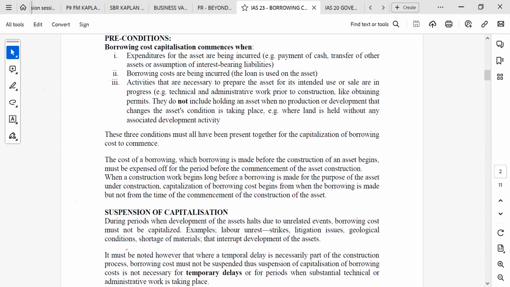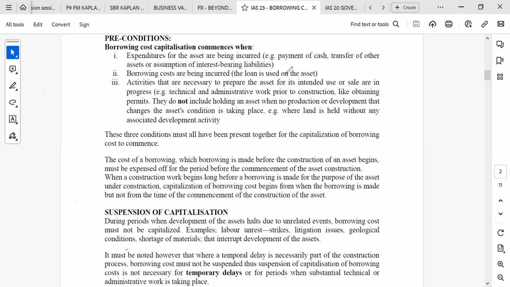So if you have started a capitalization of borrowing costs, any activity that is going to occur, which is not relating to administrative activities that will better the construction of that particular asset, the capitalization of borrowing costs must cease during that particular period. Example is the workers going on strike.